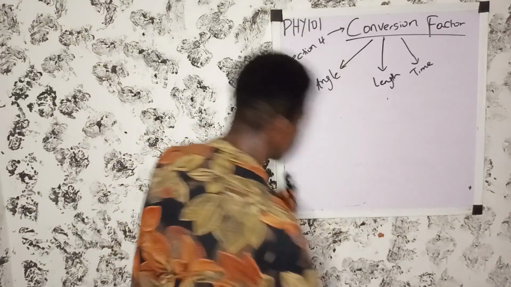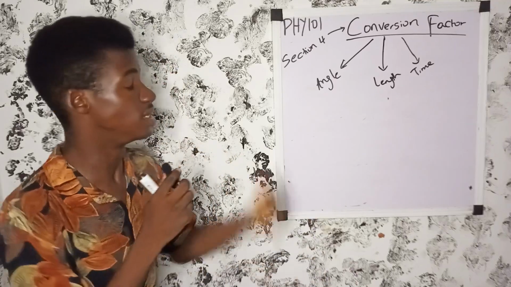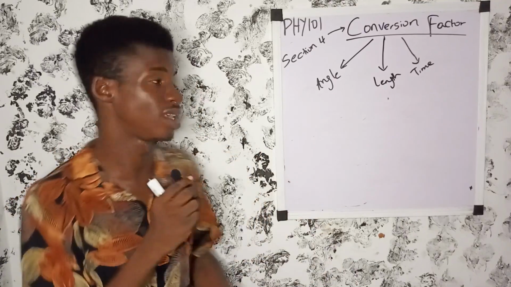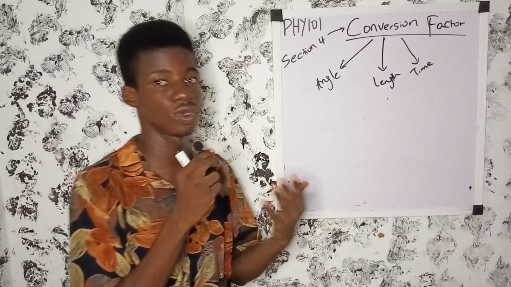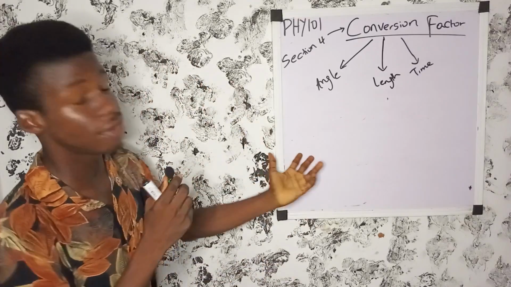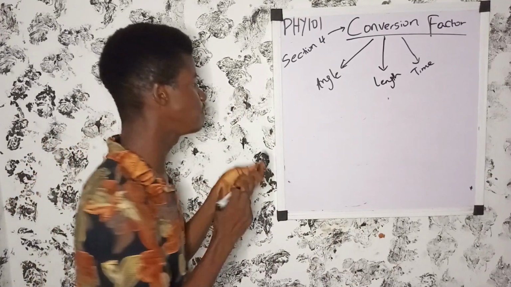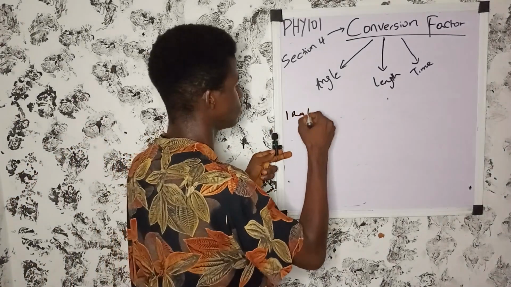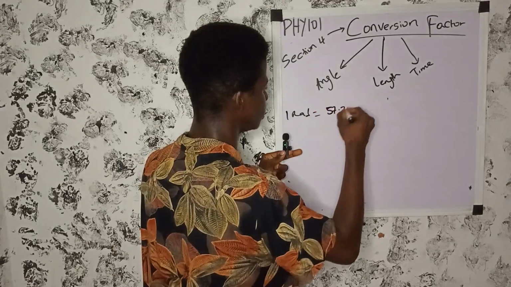Okay, yes. So these are all the conversion factors you need to know under angle. The units of angle are degree, radian, and revolution. So they can ask you to convert from any one. Remember, 1 radian is equal to 57.3 degrees, 1 revolution is equal to 360 degrees, and 2 pi radian is equal to 360 degrees as well.